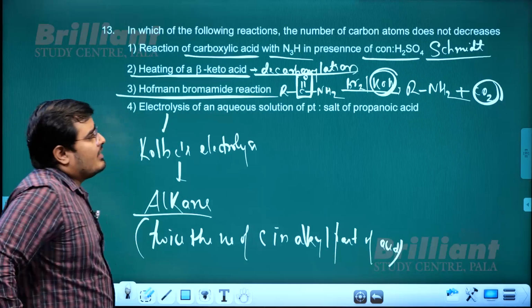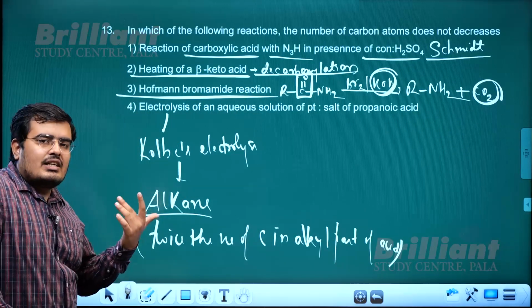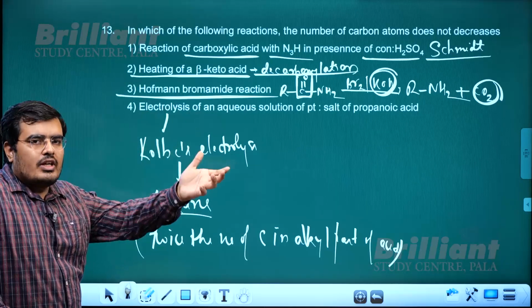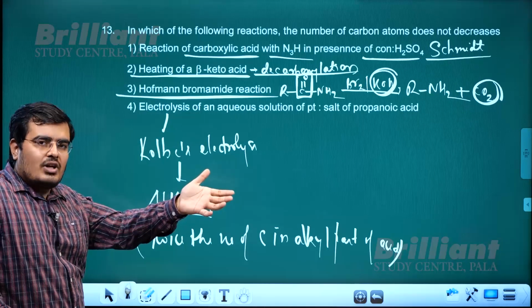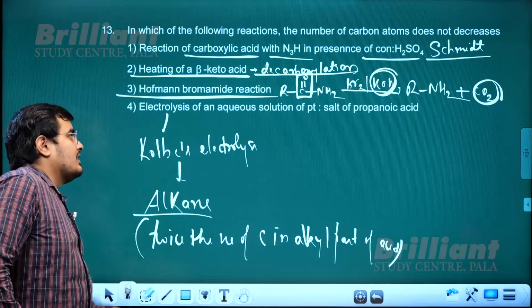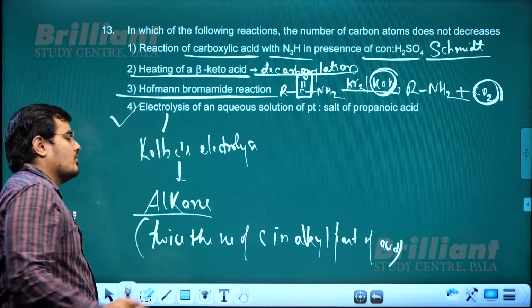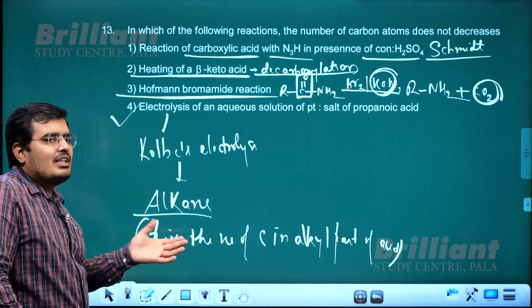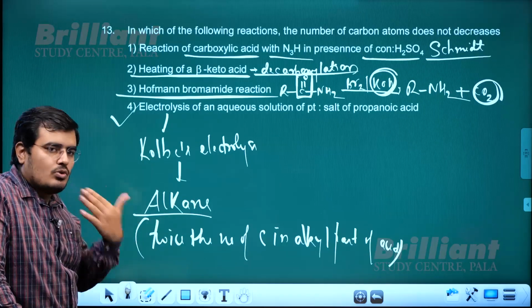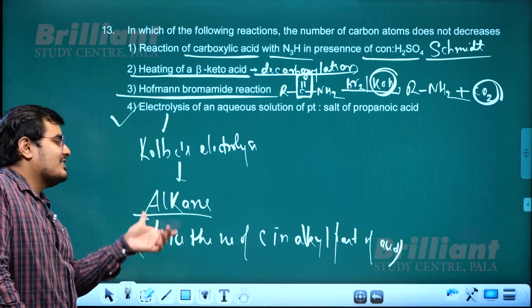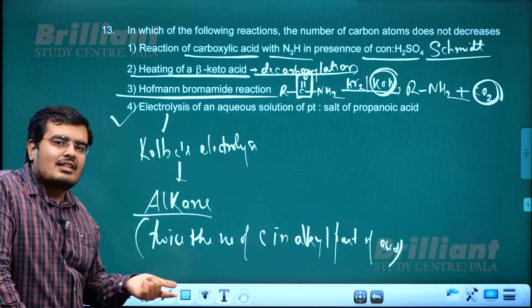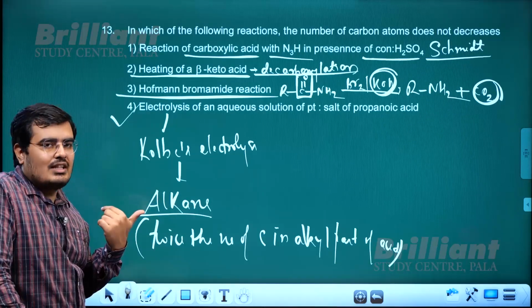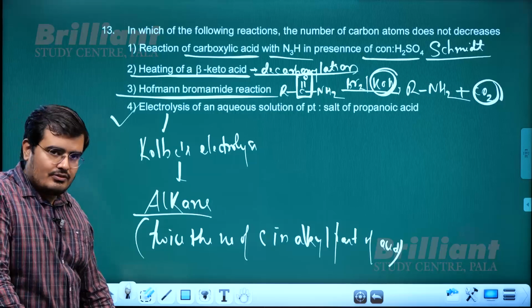So if the question asks in which reaction the product has more carbons than the starting material, then the answer will be option 4. Here also the reaction goes by decarboxylation, but since the final alkane contains twice the number of carbon atoms that was present in the alkyl part, the answer is 4.